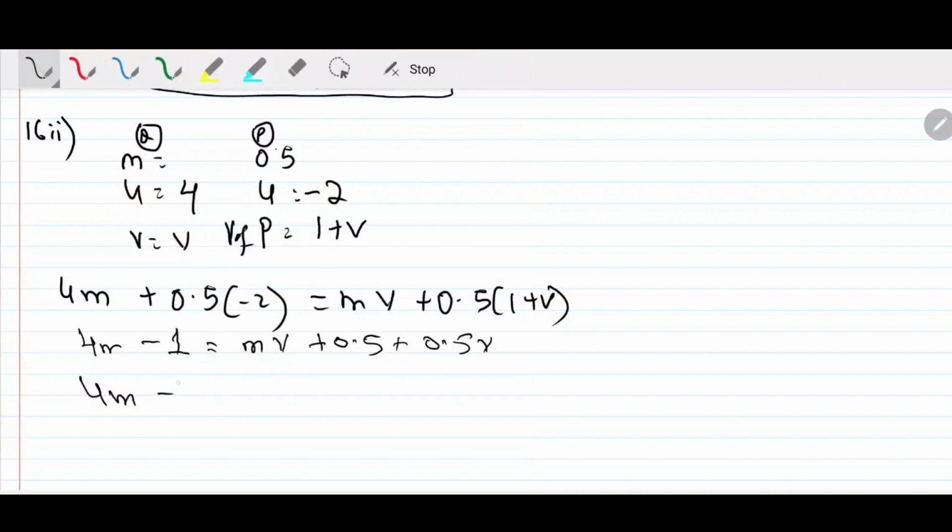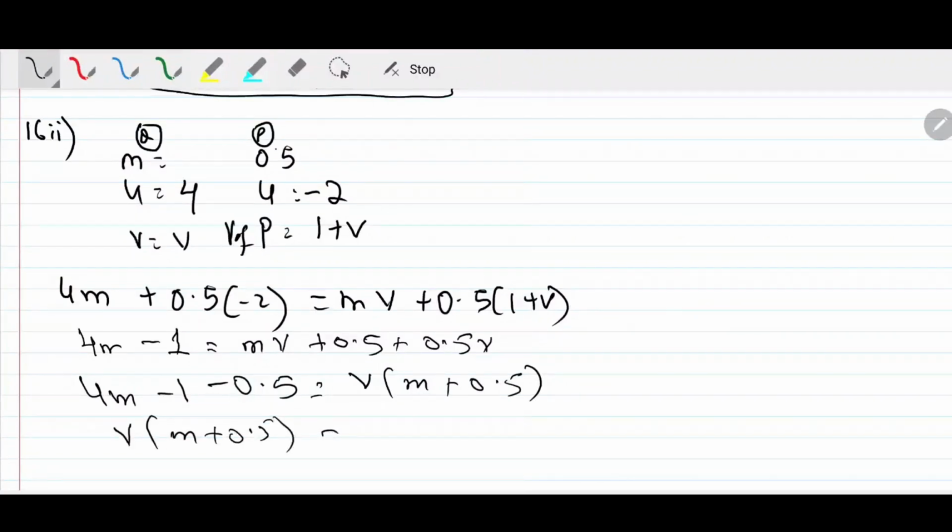So 4m minus 1 minus 0.5 is v m plus 0.5. So v m plus 0.5 is 4m minus 1.5. So where a and b are constants, a is 4 and b is minus 1.5.